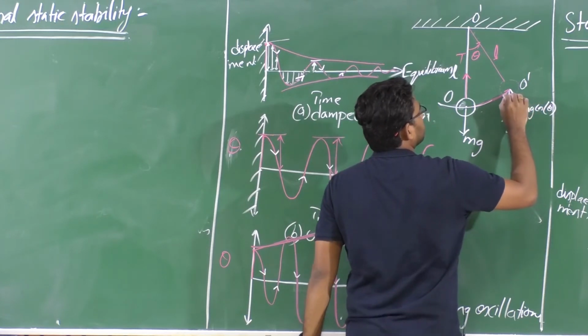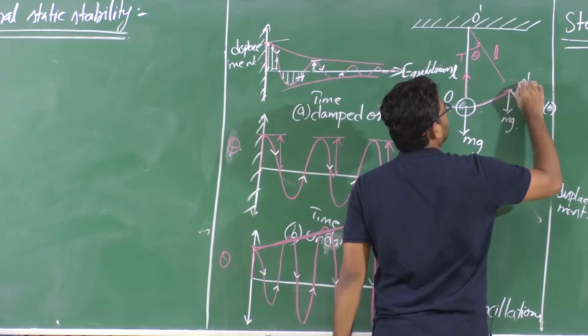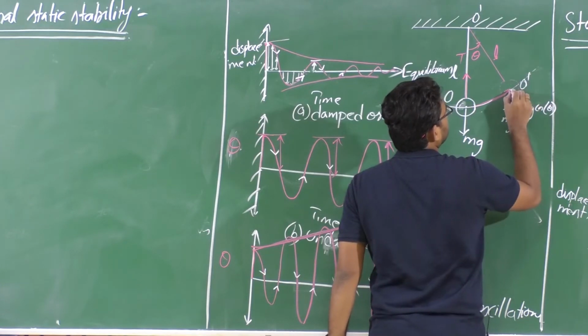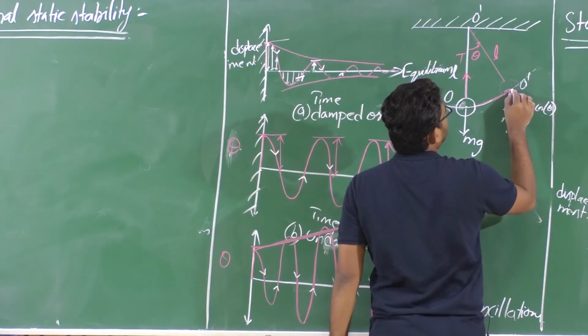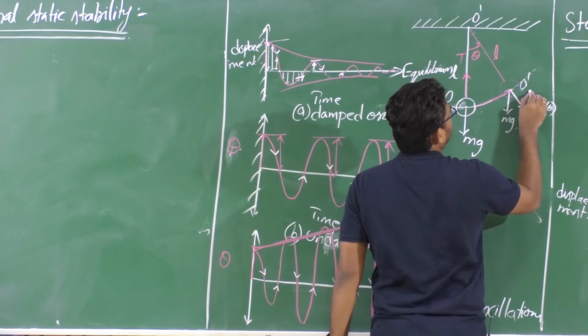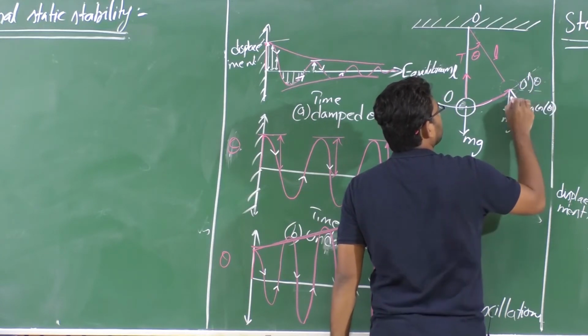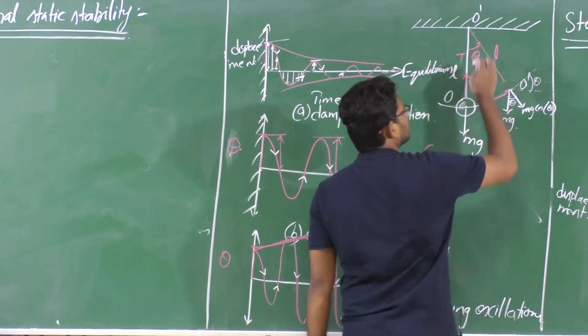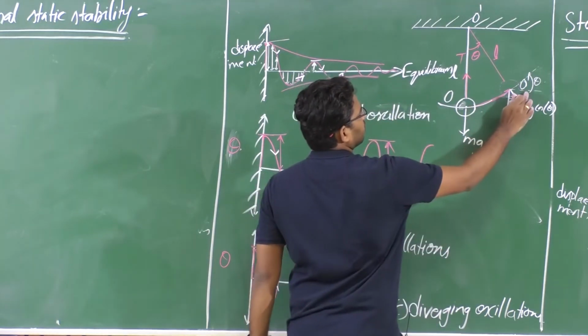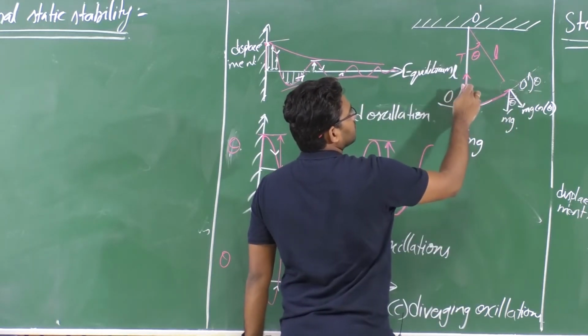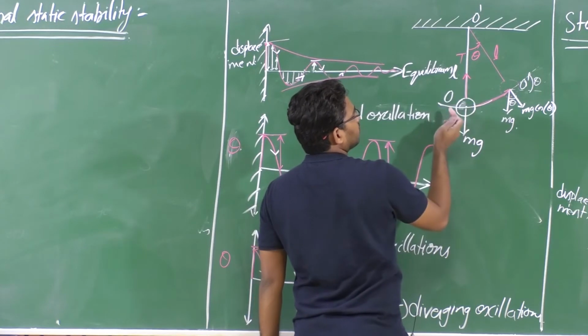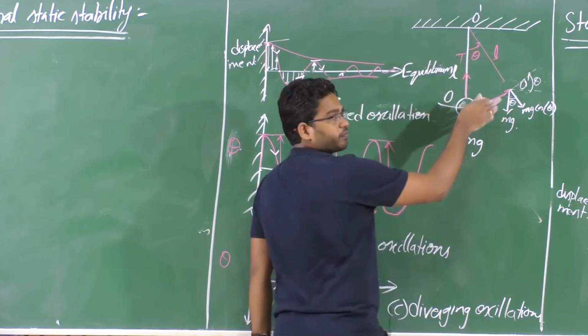So let us say if you draw a tangent to this curve at this particular location, and this is theta, this is theta. Why? Because this local horizontal and this string at location O are perpendicular, isn't it?